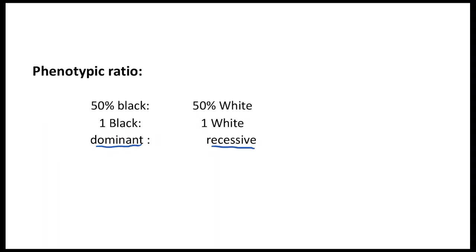The ratio here is based on the Punnett square of having 2 black and 2 white. It's important to know that we have reduced this down to 1-to-1 to make it 50%. So remember, just like in math, if you have a 2-to-2 ratio, you need to reduce it to 1-to-1.